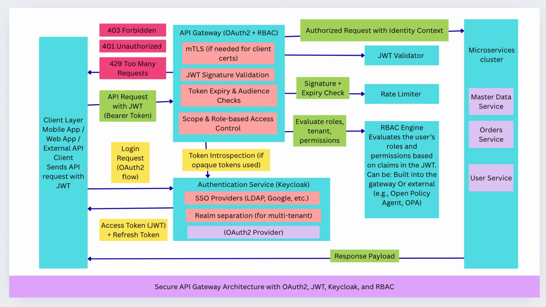And we have security features at every step. All traffic is encrypted, HTTPS only, and we have JWT signature and expiry validation, and we have mTLS between services. This is optional but ideal.